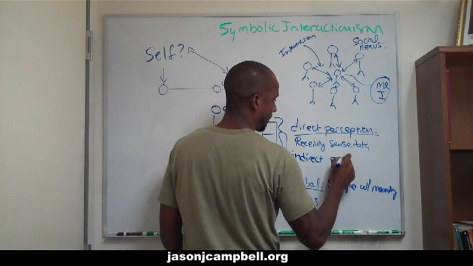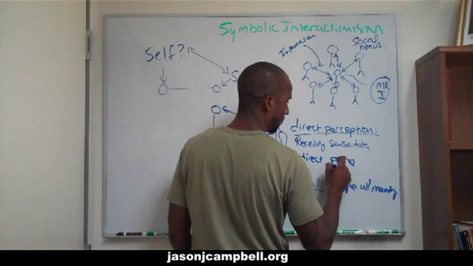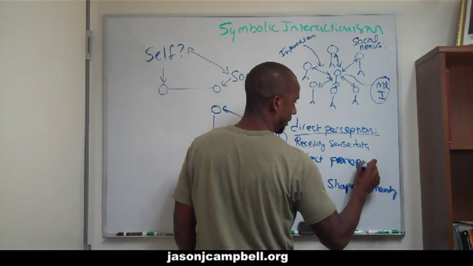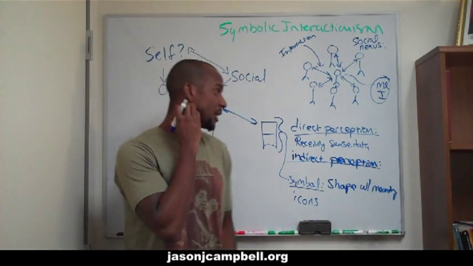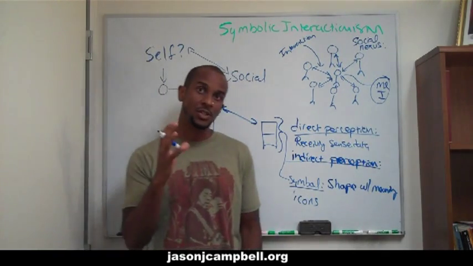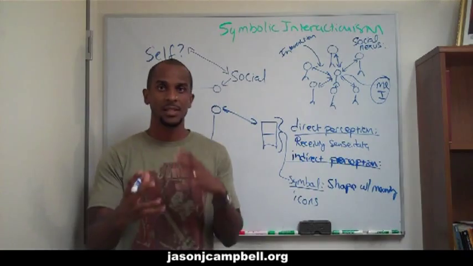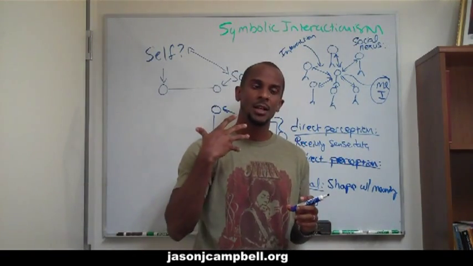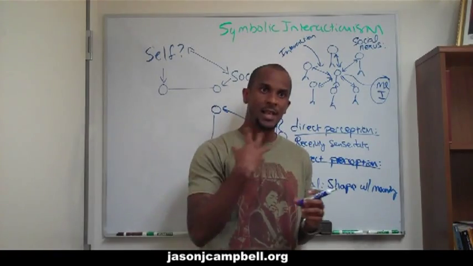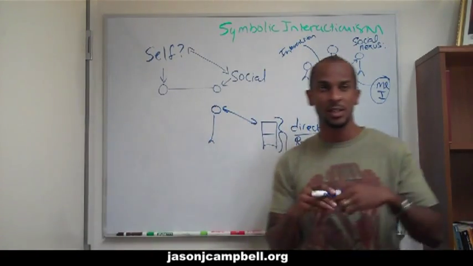Indirect perception is substantially different from direct perception, because it is not the case that all I'm doing is simply receiving the sense data. Sense data has now been internalized.